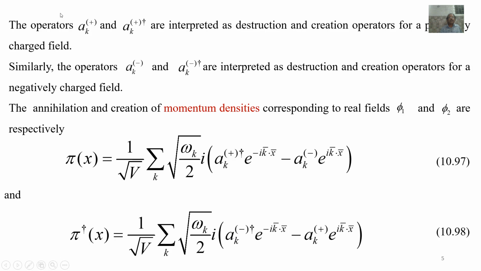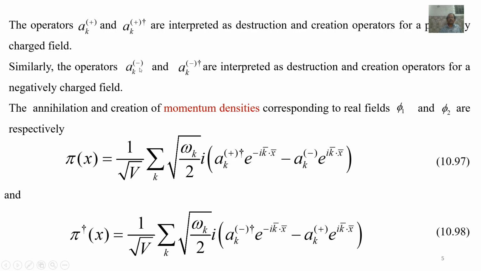The operators which are in the field functions and in momentum density, a_k plus and a_k plus dagger, are interpreted as destruction and creation operators for a positively charged field. And similarly, a_k minus and a_k minus dagger are interpreted as destruction and creation operators for the negatively charged field.